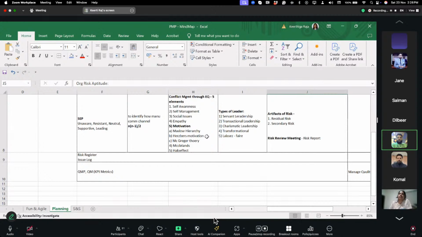And the other one believes that people can be self-motivated and they enjoy working.